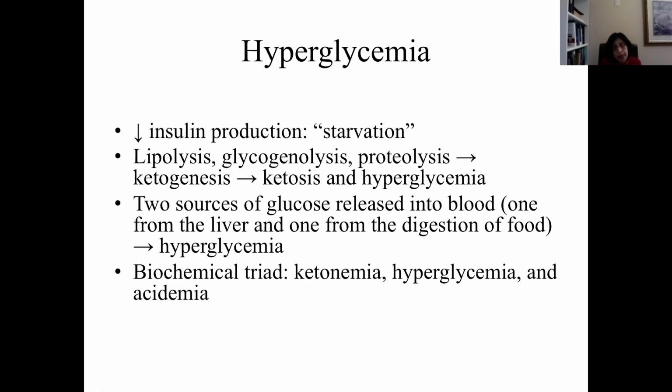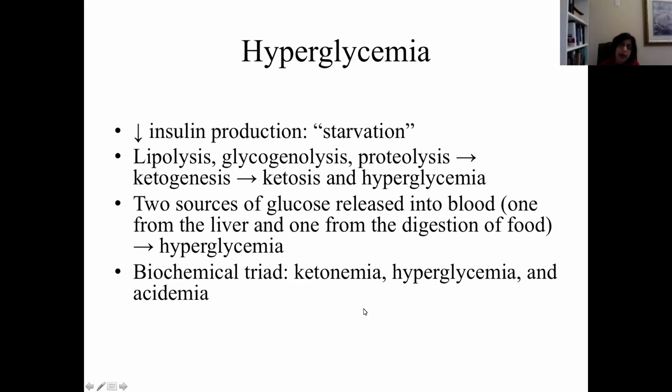Ketone bodies in large amounts can make the blood become acidic, and that is how acidity is another issue at this point. And this is because of ketone bodies. And this type of acidosis is called ketoacidosis. So that is all pretty dangerous and can be fatal if it's not controlled.